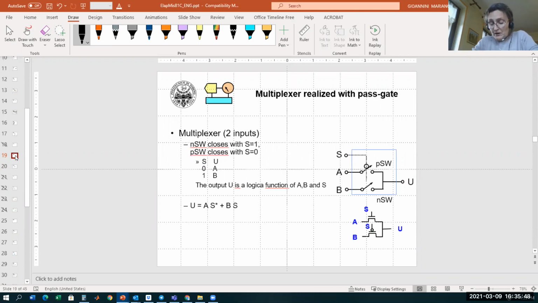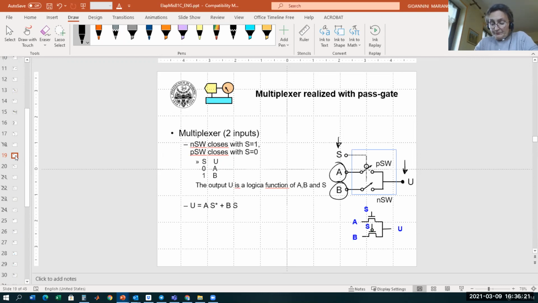So for example, we have in this example an output U, and we want to send to this output U either the signal A or the signal B, okay? And we decide with an additional control signal, which is S. For example, if S is 1, we want to close this switch, so we want to set the output equal to A.